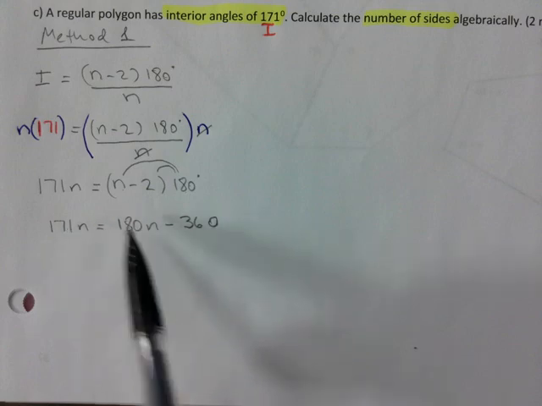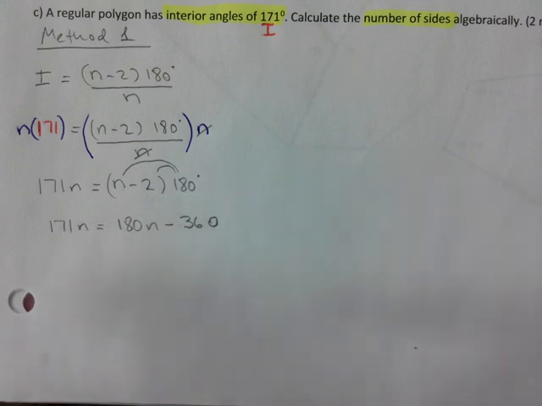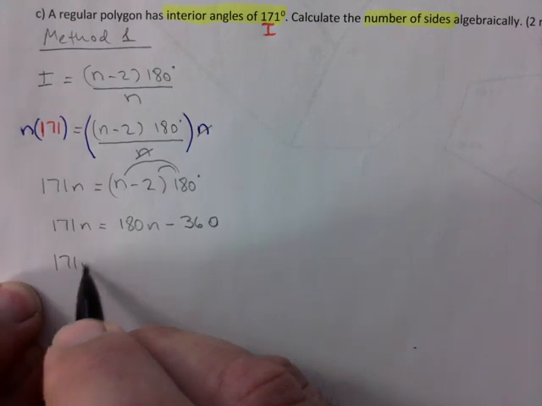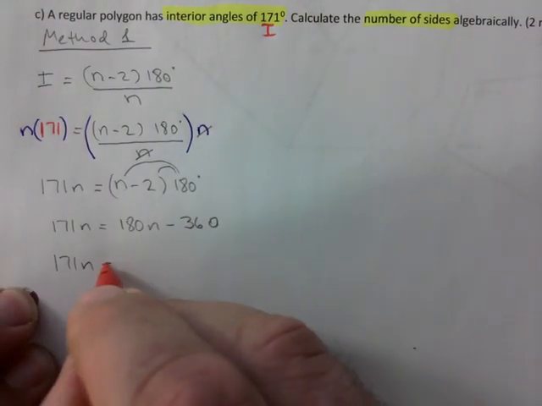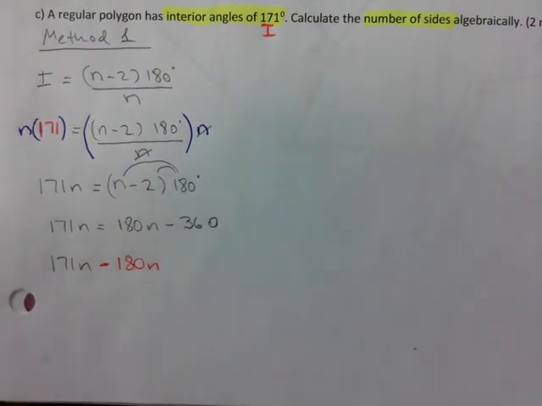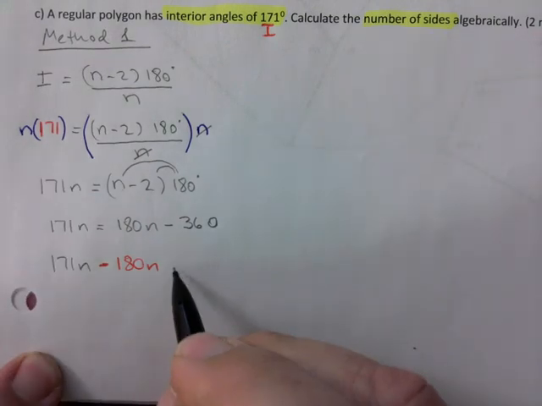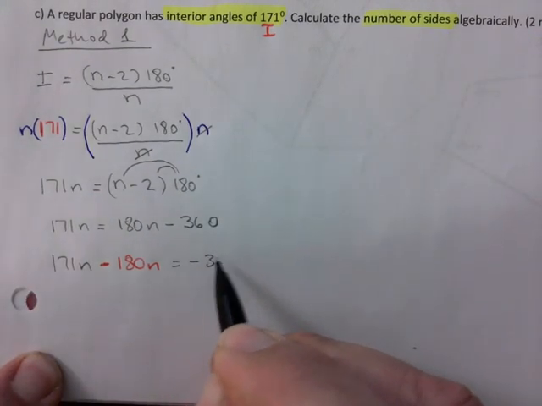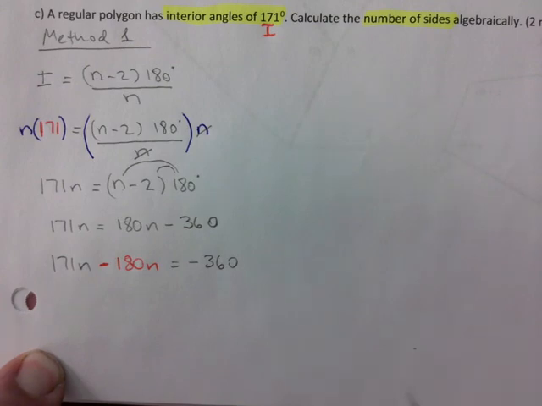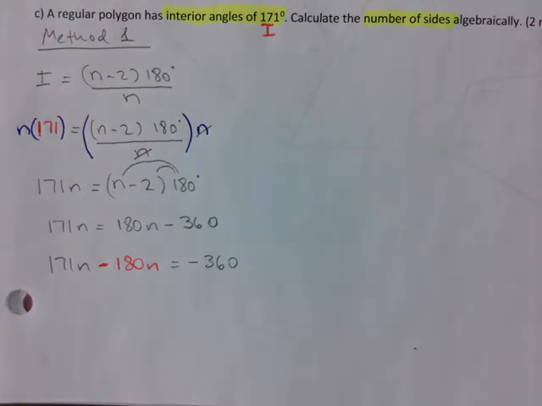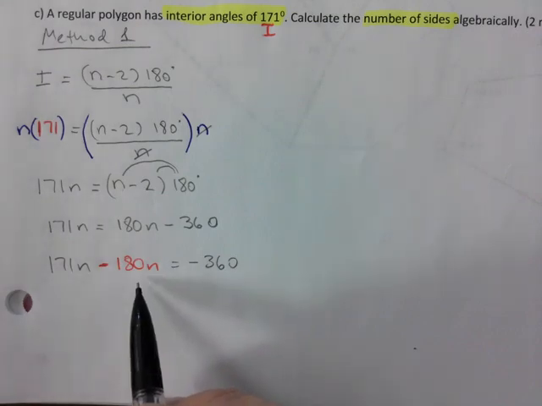So I'm going to combine these. I'm going to bring this one over to the other side. So 171n minus 180n is equal to negative 360. So you're left with negative 360 on the other side. And you get a negative here, right?